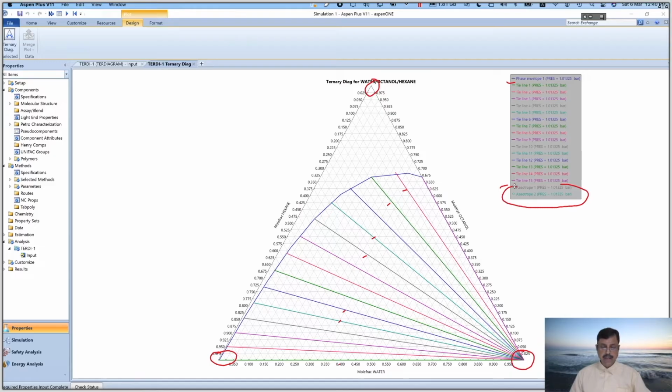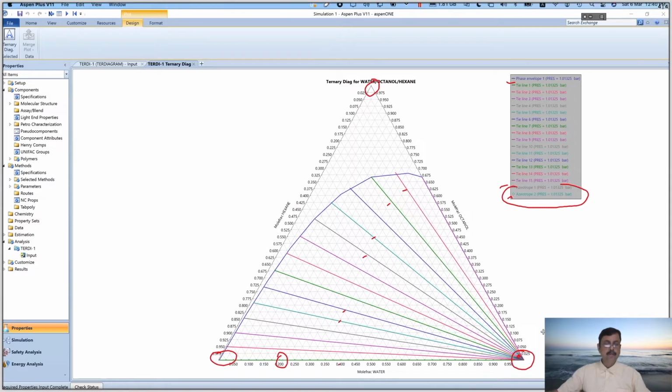Now, where do we find those azeotropes? One azeotrope is somewhere here. You can see one diamond-shaped azeotrope, and another azeotrope is hidden somewhere here.